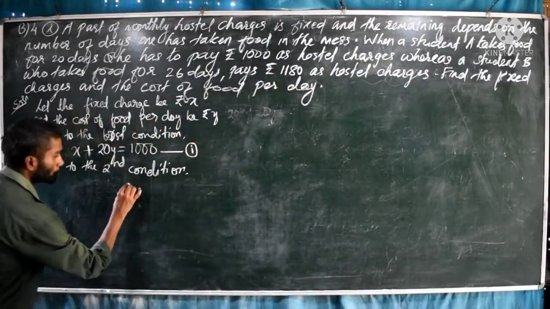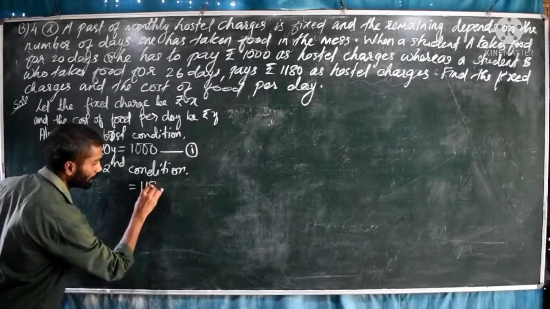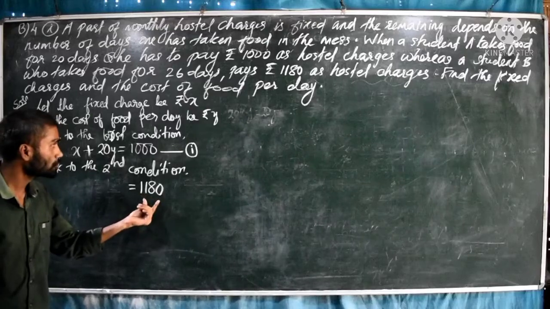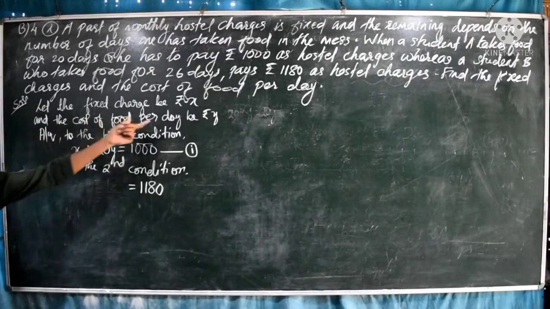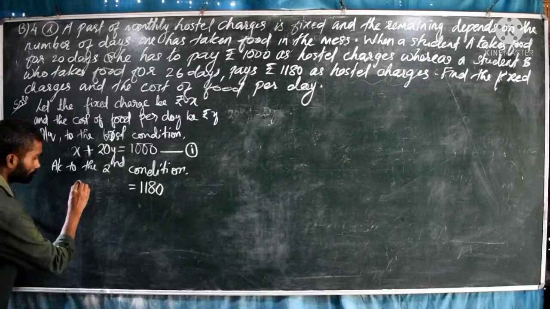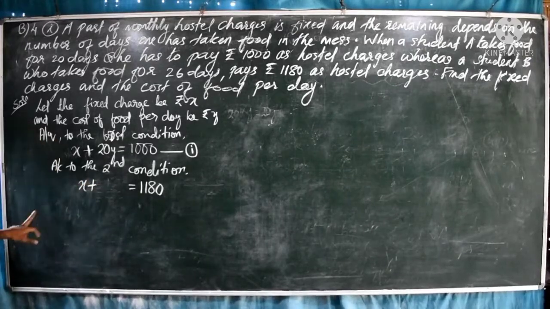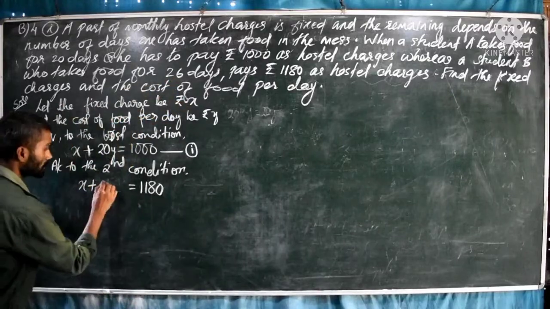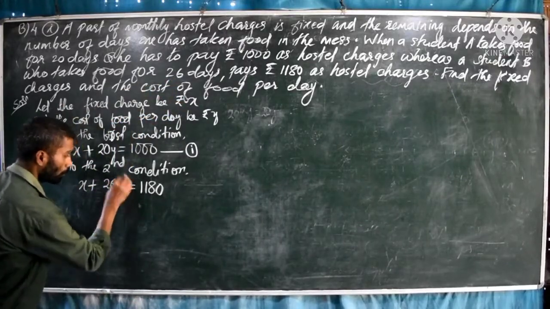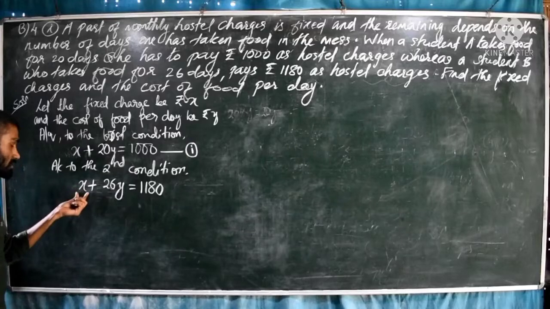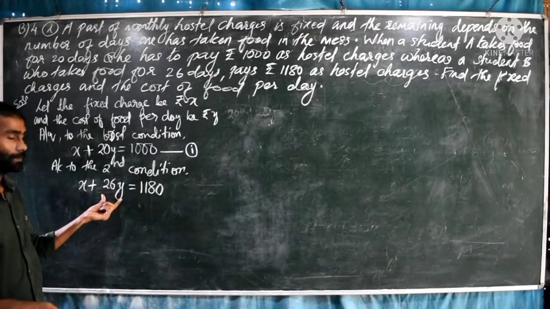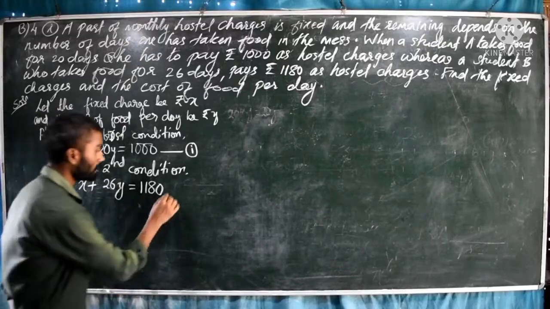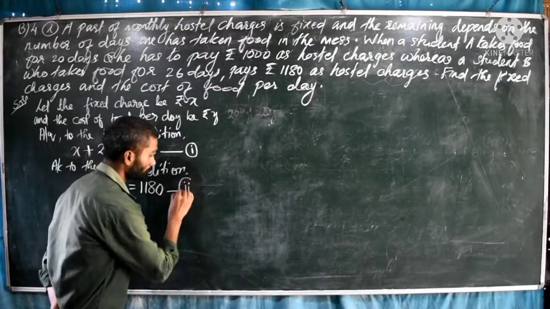So the total amount is 1180. Here also she has to pay the fixed charge, that is rupees X, plus the cost of food for 26 days, that is 26Y. That is fixed charge plus cost of food. The total she paid is rupees 1180. Now we'll name it as equation 2.